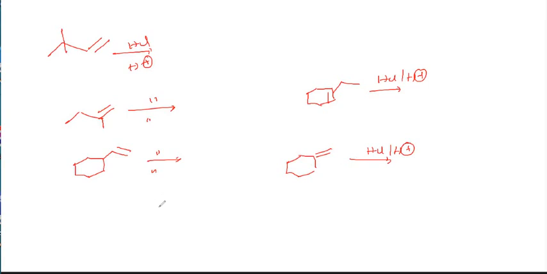Now, here we discussed that all the alkenes are unsymmetrical, but sometimes they will give symmetrical alkenes. Then how do we find the final product in that case? I will explain.